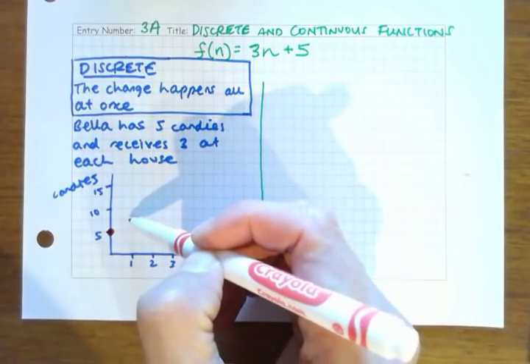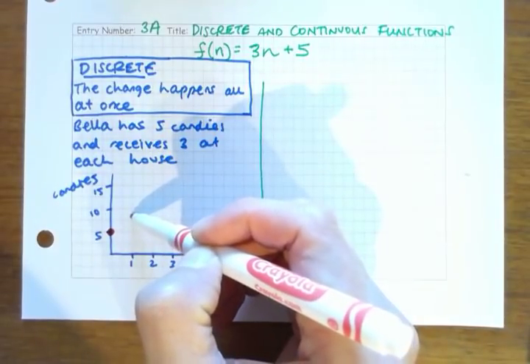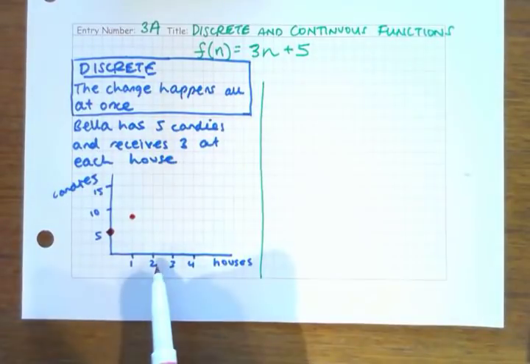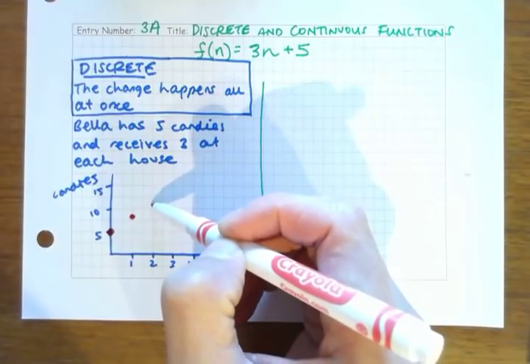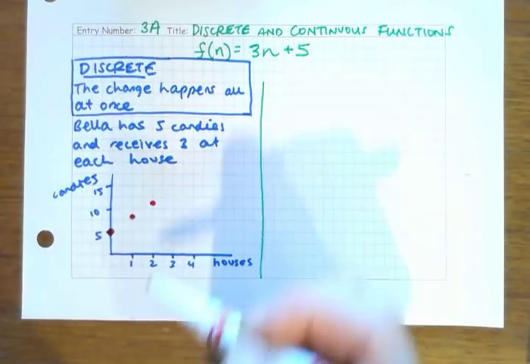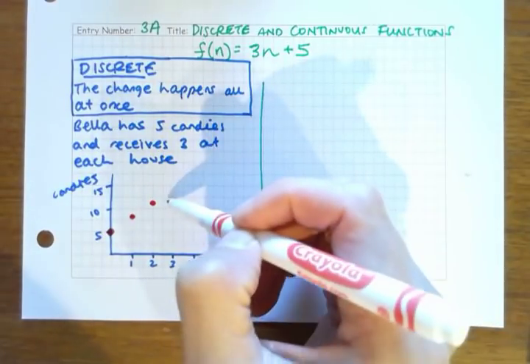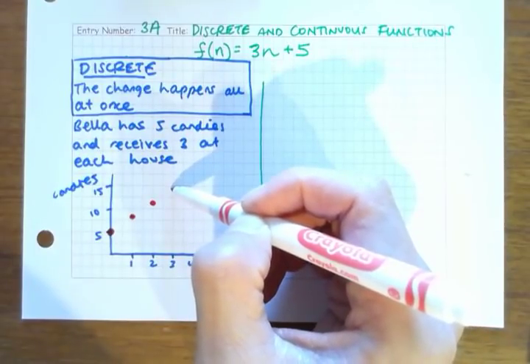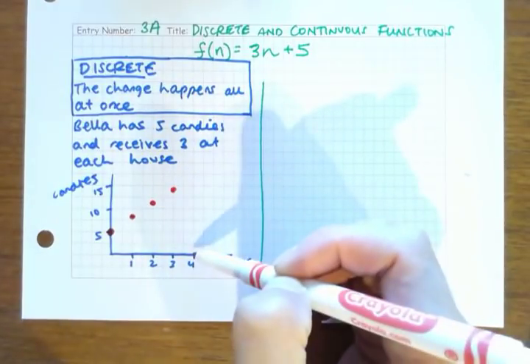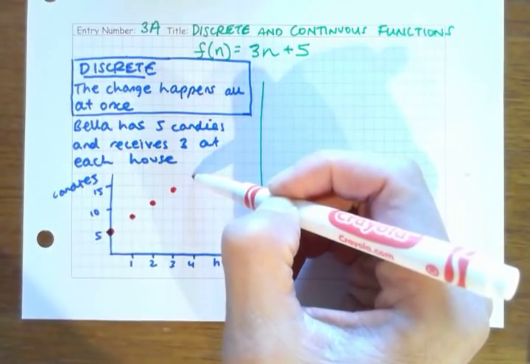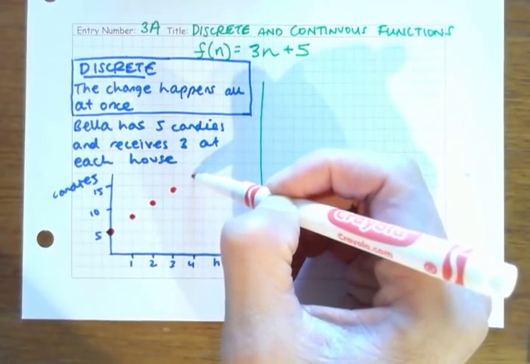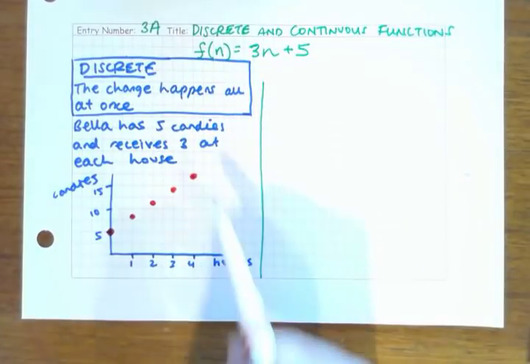So she would have 8 candies, which is right about here. Then after the second house, she gets 3 more. So she had 8 before, she would have 11. Then after the third house, she had 11. Now she has 14, which is right here. Then after the fourth house, she gets 3 more. So 14 plus 3, she would have 17, which is right around here. So each time she's getting 3 more.